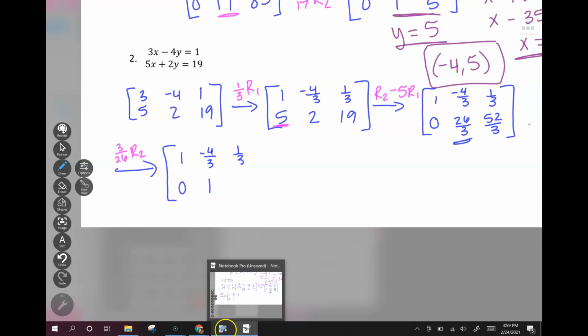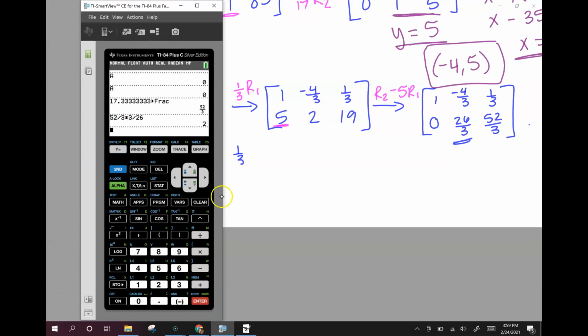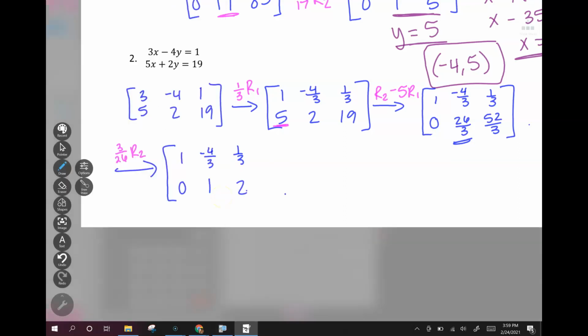And then you can do the 52/3 if you need to in the calculator. 52 divided by 3 times 3 divided by 26. Okay, so that comes out to 2.